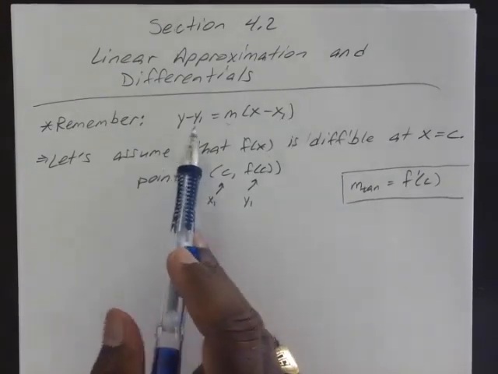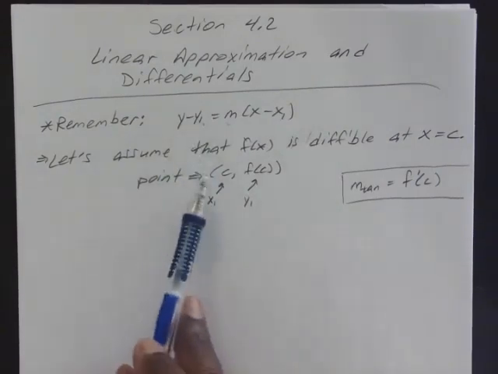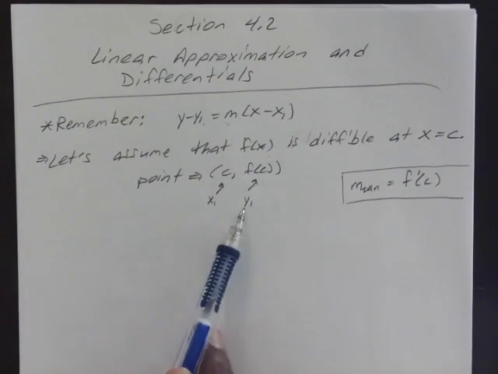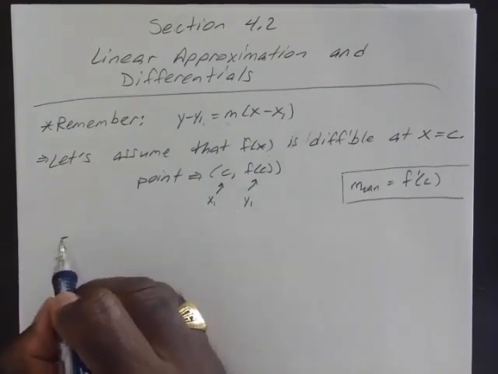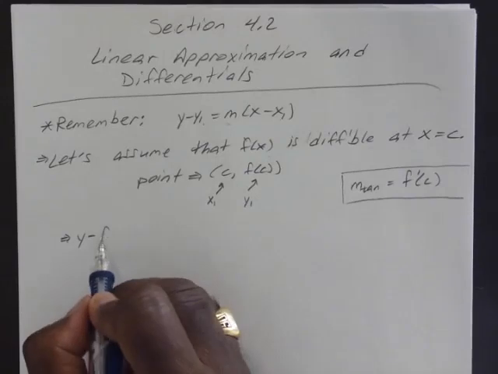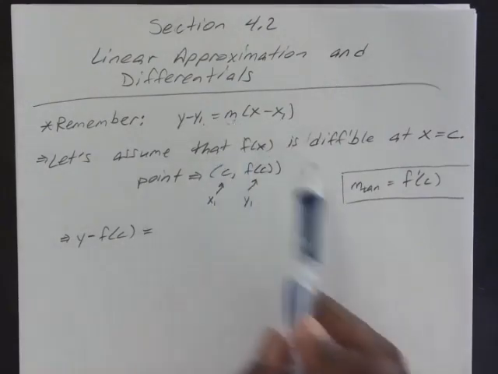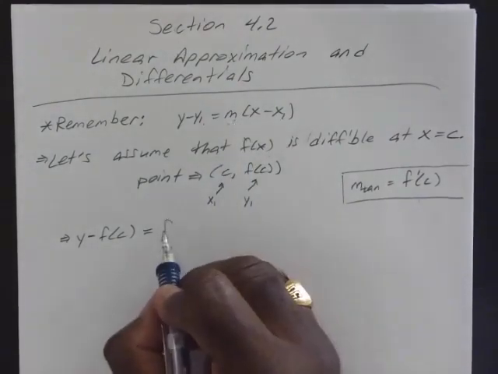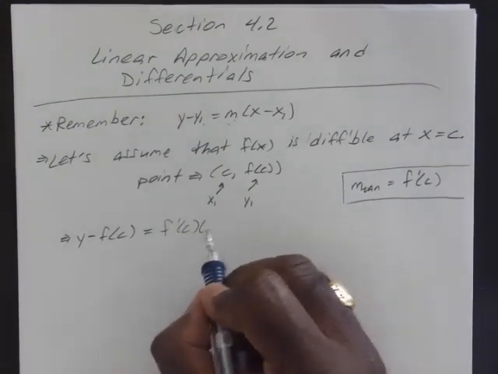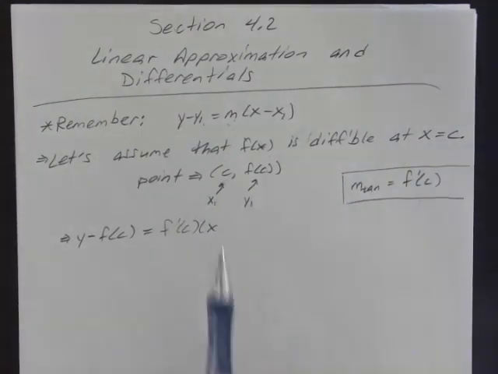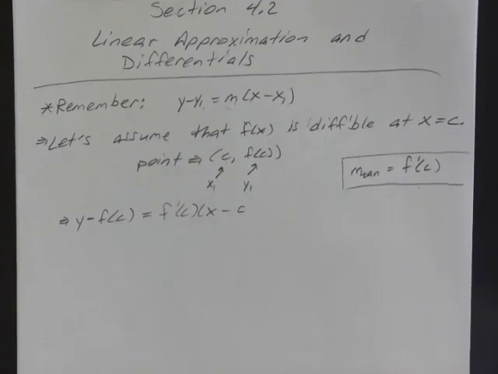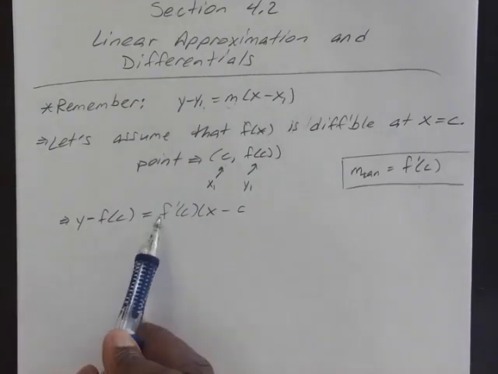So if we rewrite this, instead of y minus y1, we could say y minus f of c, since that's our y1, is equal to your slope of the tangent line, which is f prime of c, times x minus x1, or x minus c. So what if we add f of c to both sides?